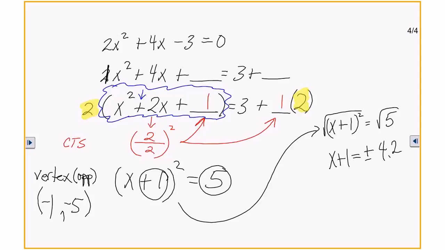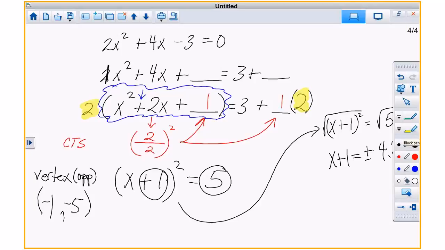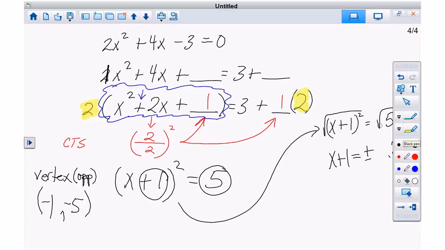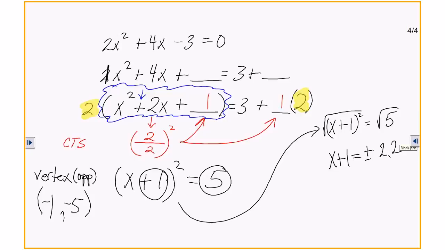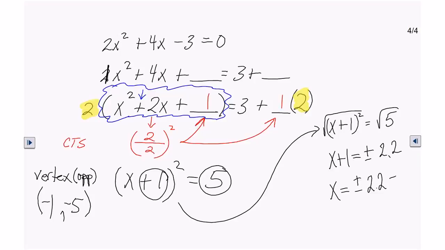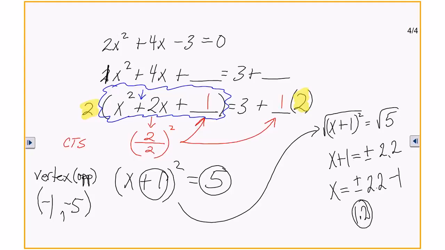Because the square root of 4 is 2. So the square root of 5 is 2.1 or 2.2. And x is equal to positive or negative 2.2 minus 1. And that's 1.2 is one x-intercept. And then negative 3.2 is the other x-intercept. The y-intercept is negative 3.